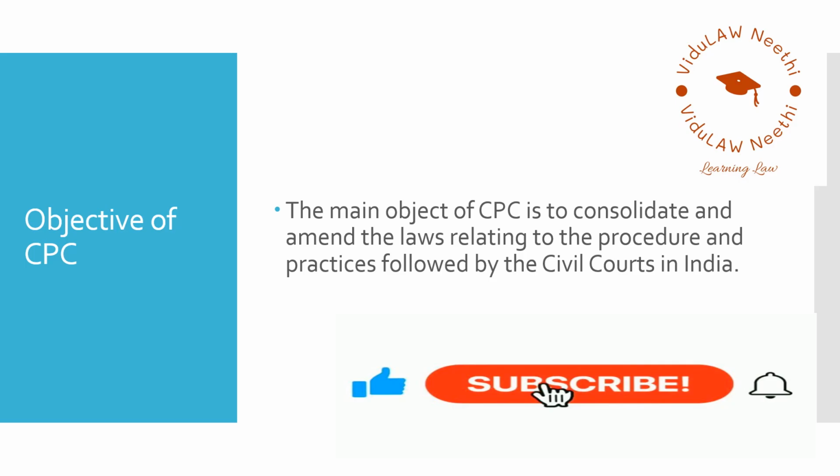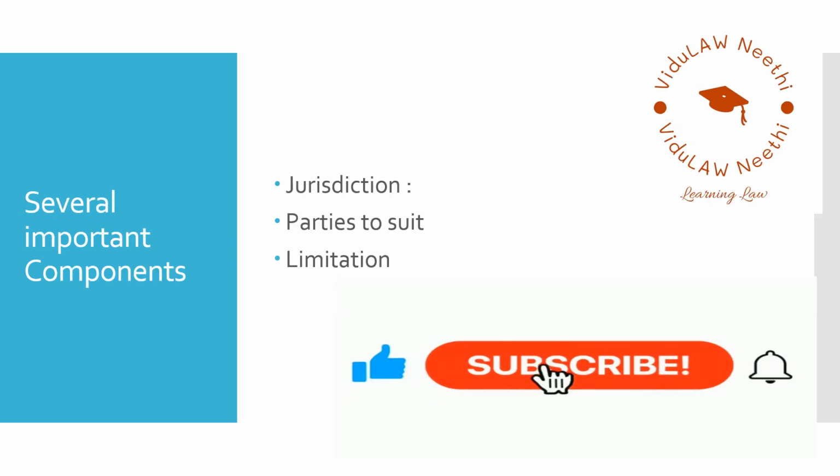The Civil Procedure Code regulates every action in civil courts and the parties before it till the execution of the decree and the order. Now let us learn the several important components, that is jurisdiction, parties to suit and limitation.